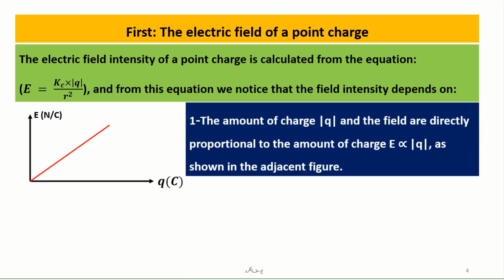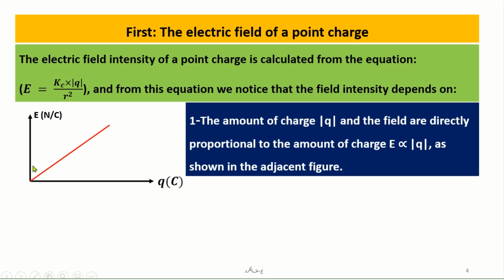The amount of charge, magnitude Q, and the field are directly proportional. That means E is proportional to the magnitude of Q, as shown in the law and in the figure on the left side.